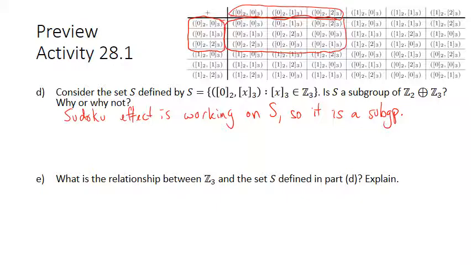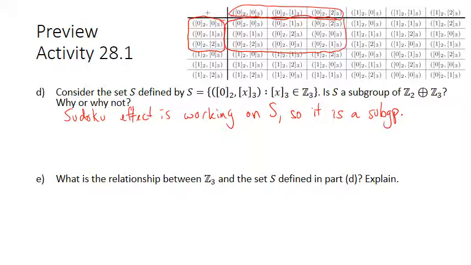It'll contain inverses because you can find the identity in each row and column. That means you'll be able to find an inverse. And we can't really check associativity. It has to inherit that from the larger group. And then the identity is in there as well. So yeah, it should be a subgroup.